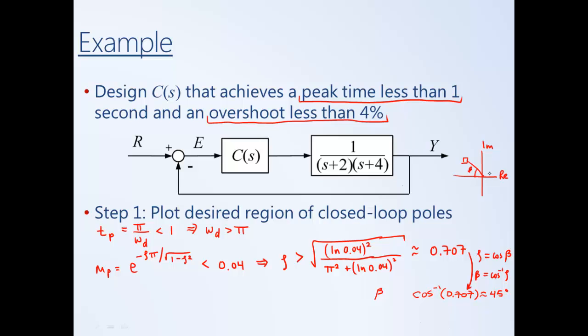If our poles are on the imaginary axis, then we're undamped and we oscillate forever without decaying. So as our poles get closer to the real axis, as beta gets smaller, that means we're adding damping to our system. We're getting closer to overdamped and farther away from undamped. And so using that logic, we need beta to be less than 45 degrees. We need it to get closer to the real axis because we're trying to get less overshoot. So these are our two basic requirements on pole locations.